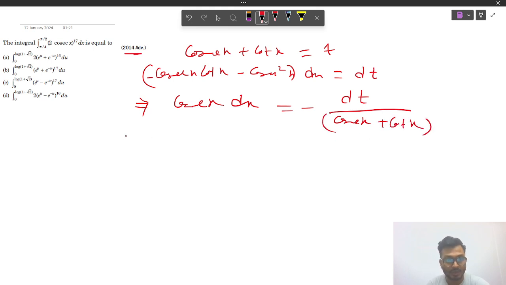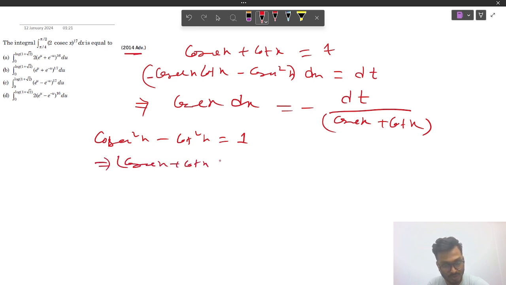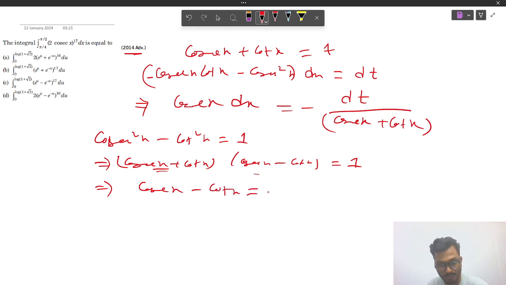Again we know that cosec square x minus cot square x equals 1, so (cosec x plus cot x)(cosec x minus cot x) equals 1. Now this value is t, so cosec x minus cot x will be 1 upon t.